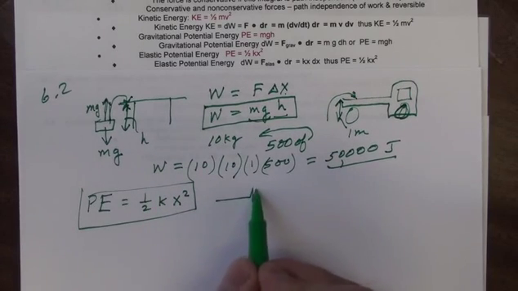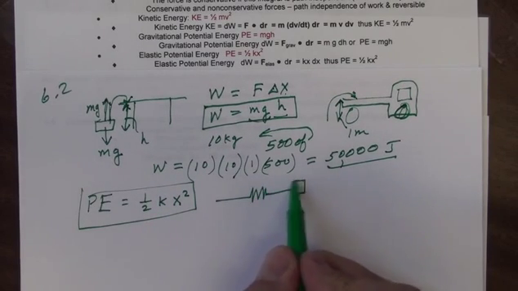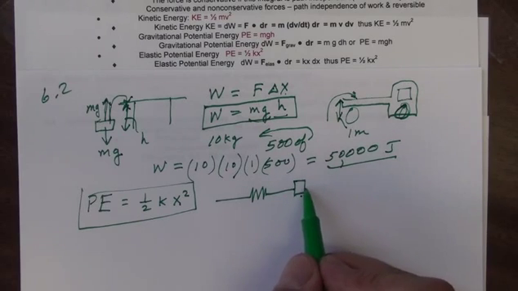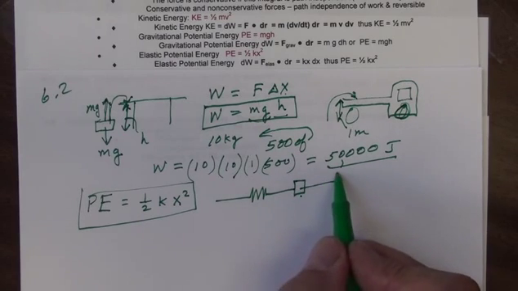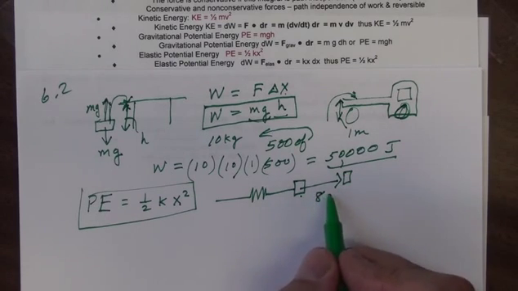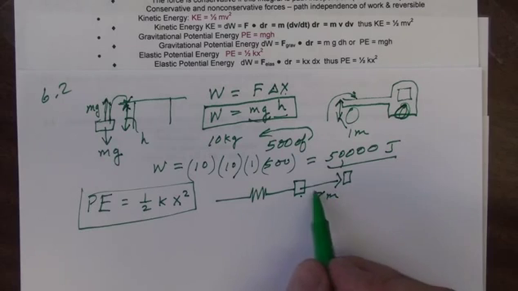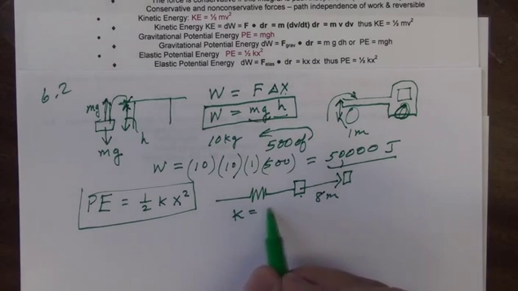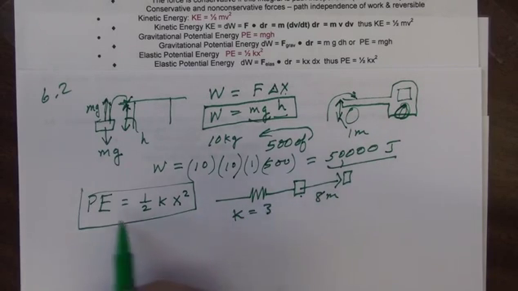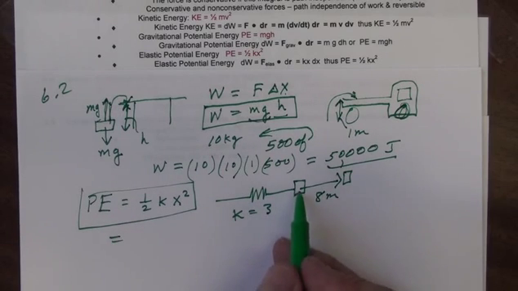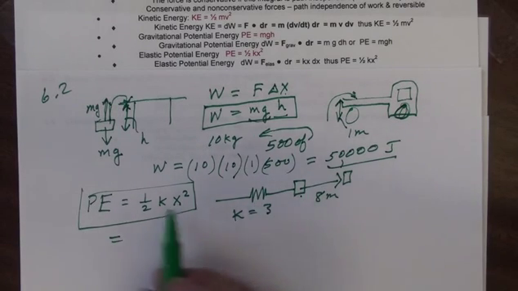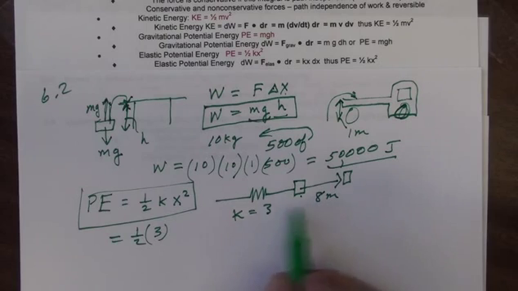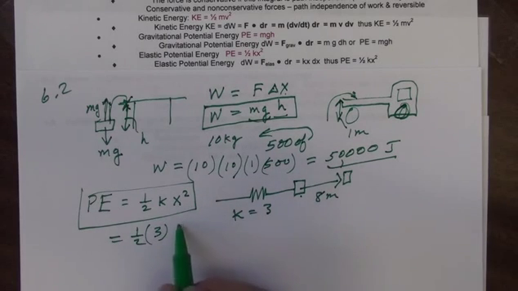In other words, if I take a spring with a mass on it, and this is the equilibrium point, and I stretch that spring out to a distance of 8 meters, and it has a spring constant k equal to 3, then the potential energy I've stored by stretching or compressing, either way, is going to be 1/2 times the spring constant times 8 times 8, which is 64.